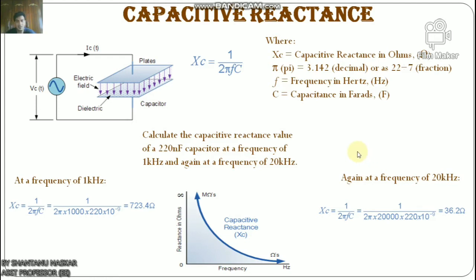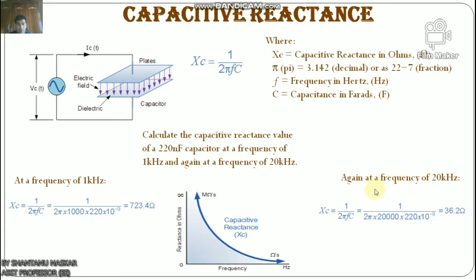In the RC network, which I have discussed earlier, we saw that when a DC voltage is applied to a capacitor, the capacitor draws a charging current from the supply and charges up to a value equal to the applied voltage. Likewise, when the supply voltage is reduced, the charge stored in the capacitor also reduces, and the capacitor discharges.